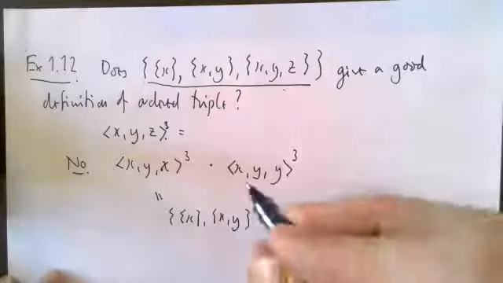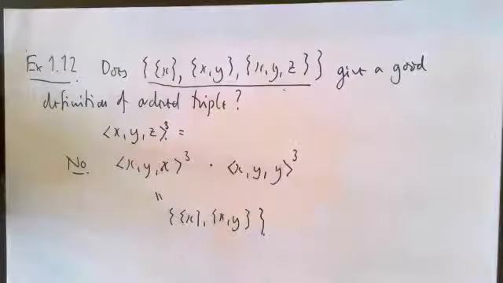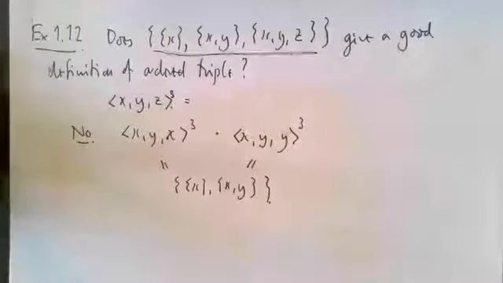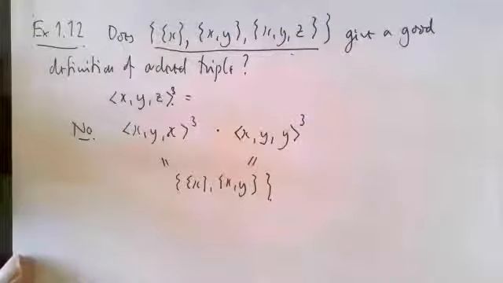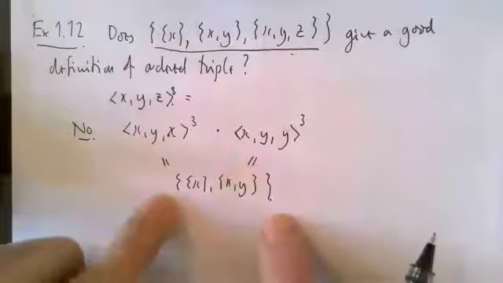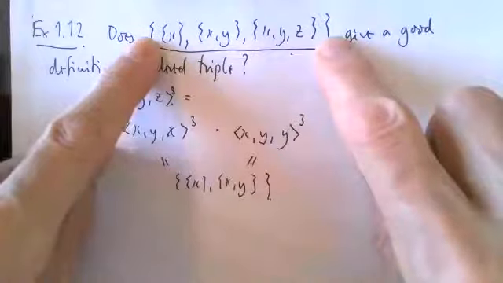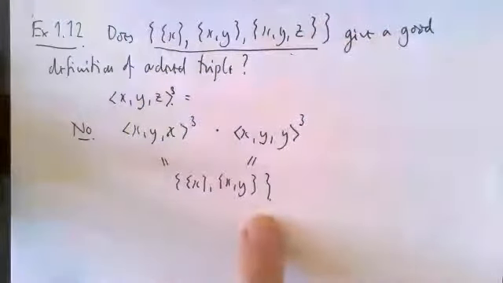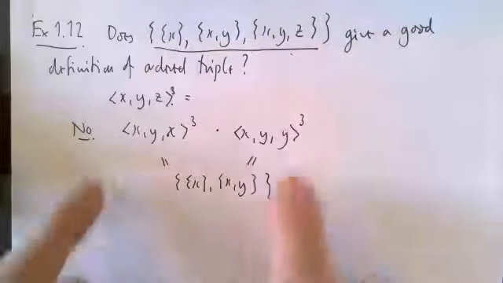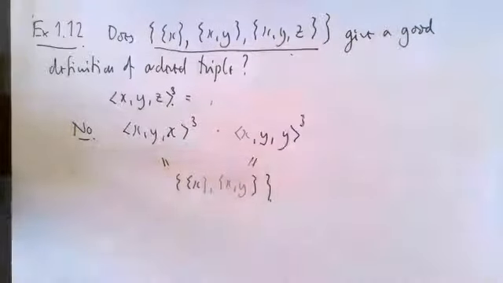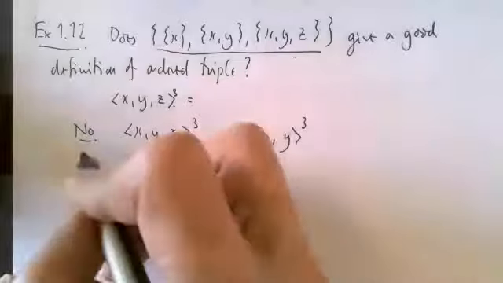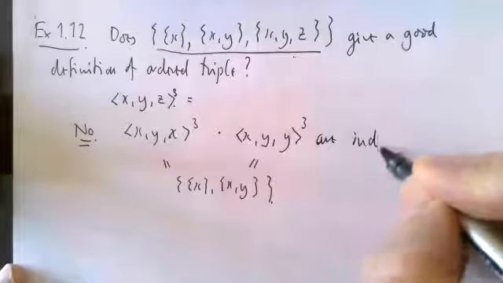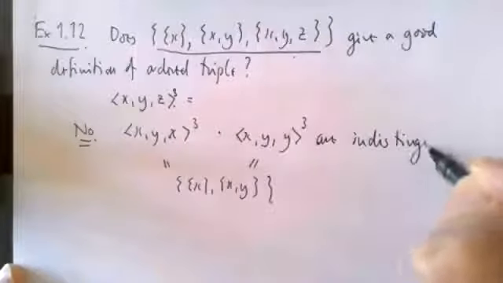Both of them would equal this, just by the axiom of extensionality. In the case that either z equals y or z equals x, this boils down to this. So I wouldn't be able to distinguish between these two ordered triples. So these are indistinguishable.